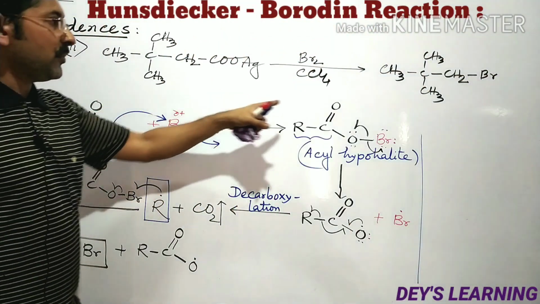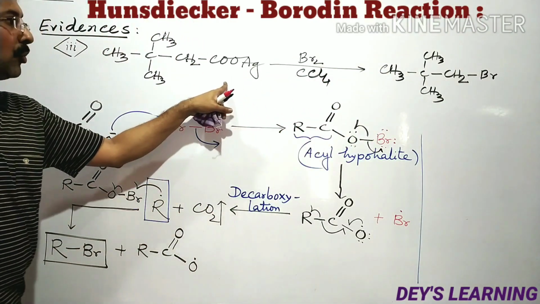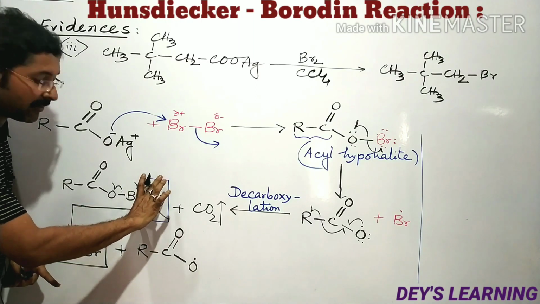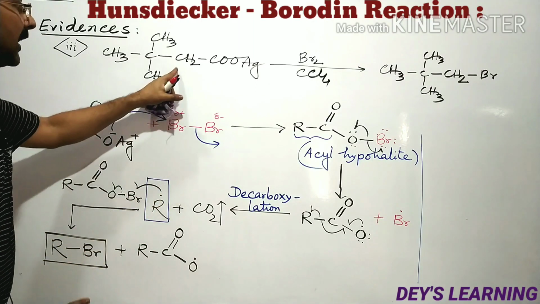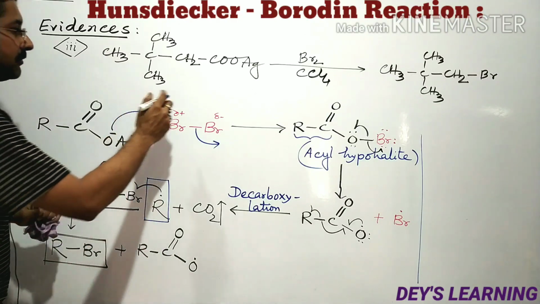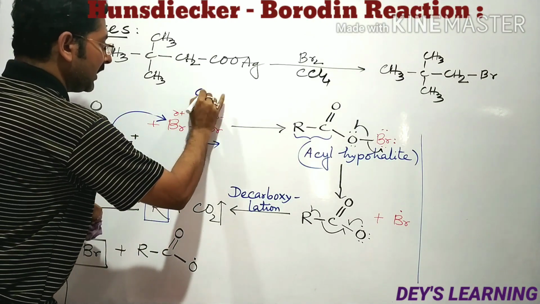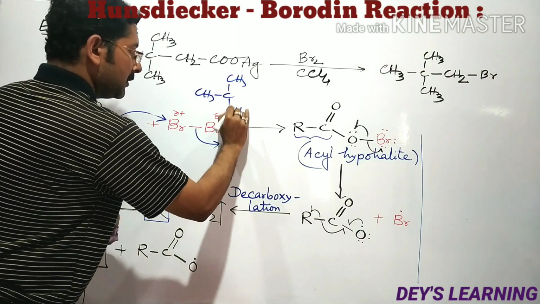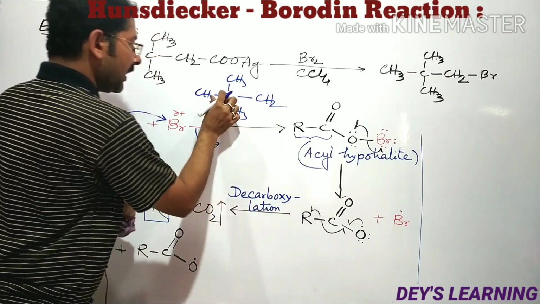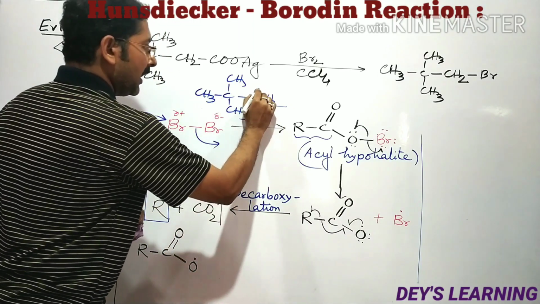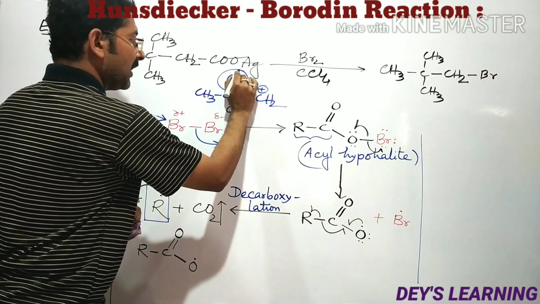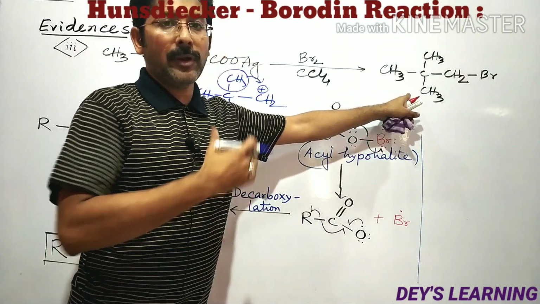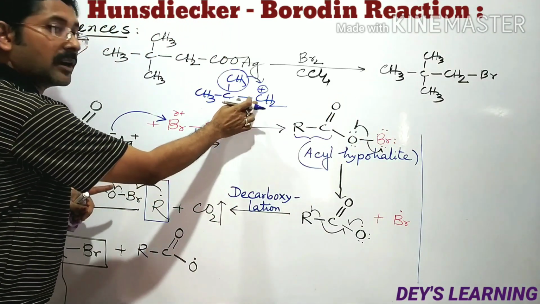And the formation of this product from here is possible only if the reaction passes through the free radical mechanism, because if there were any carbocation like this one, there would be a methyl shift. So this product would not be obtained if the reaction passed through a carbocation.